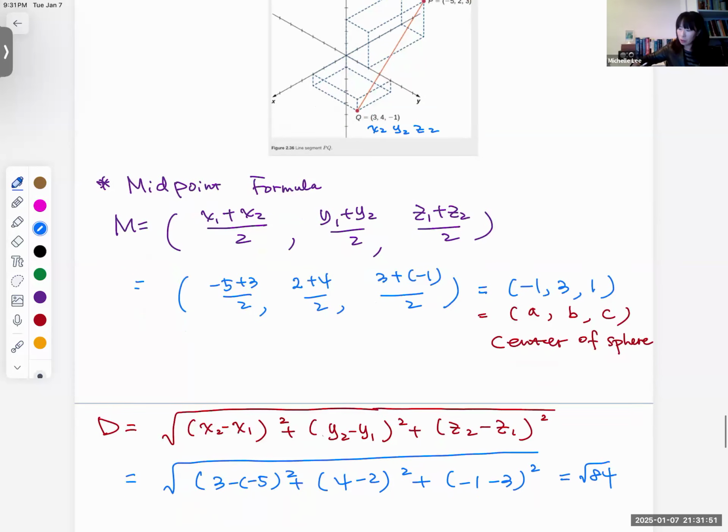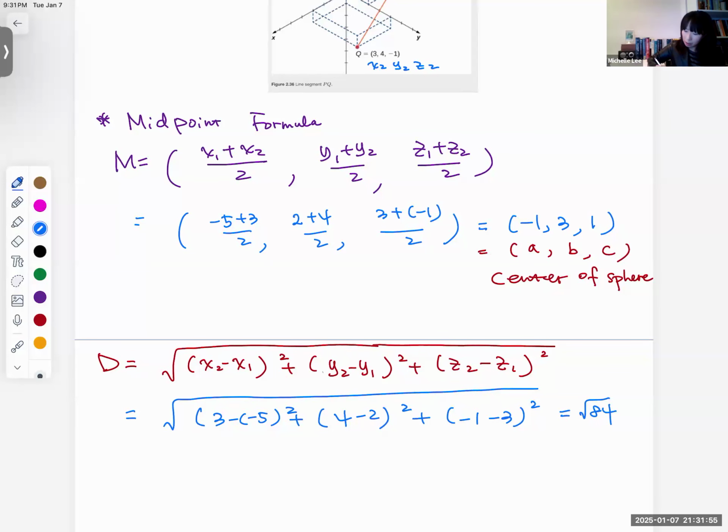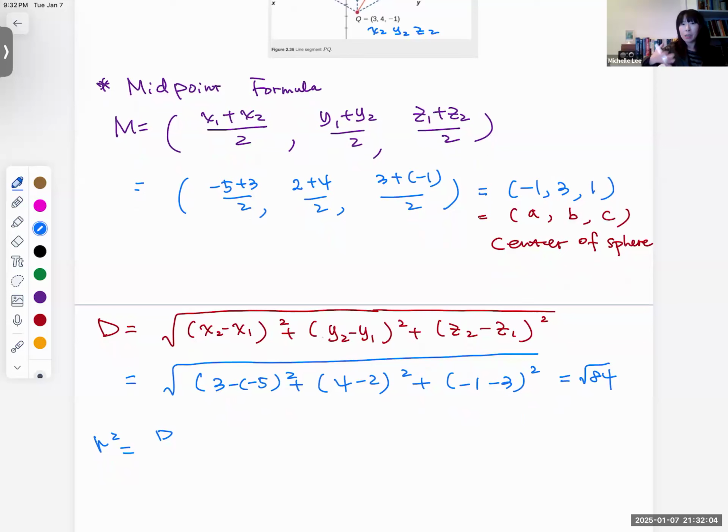Oh, you cannot see. Okay, sorry about that. It's the square root of 84. Then r squared, which is the distance, which is the diameter, right? So this is the same distance or diameter, right? So d over 2 squared, right? So that will be square root of 84 over 2 squared.